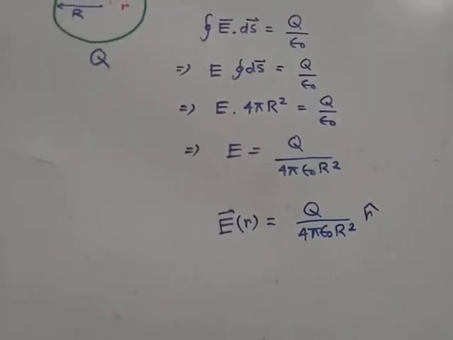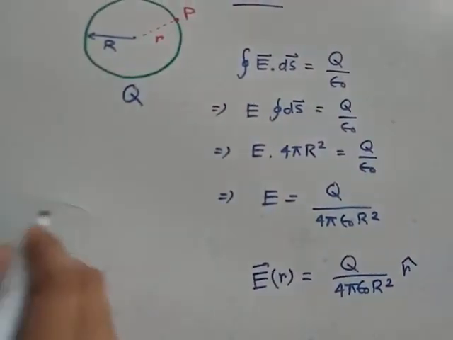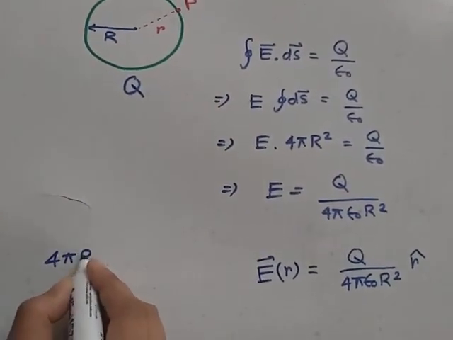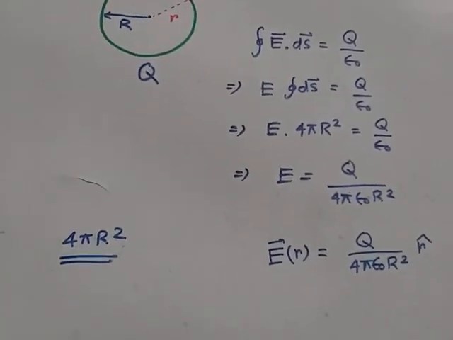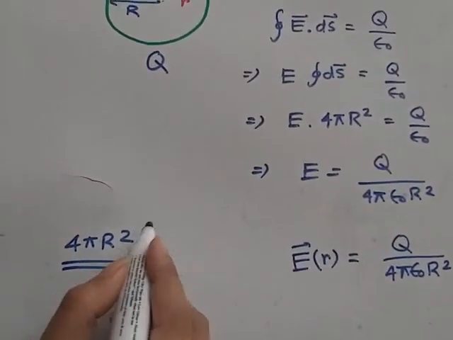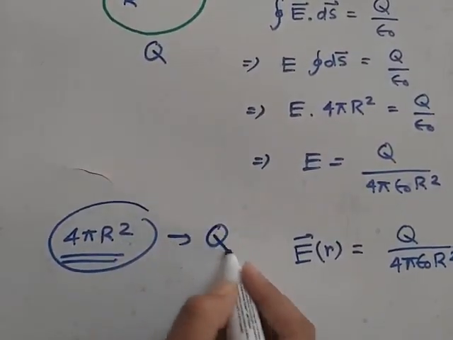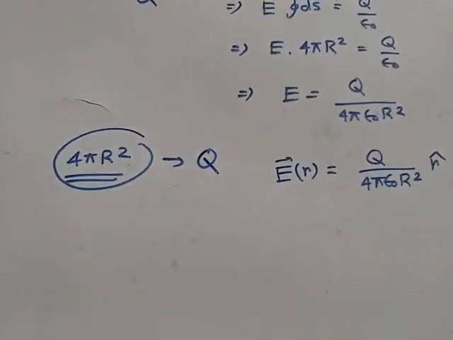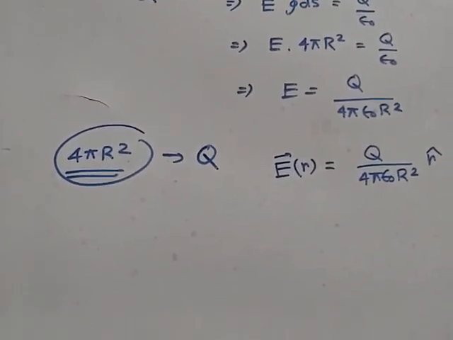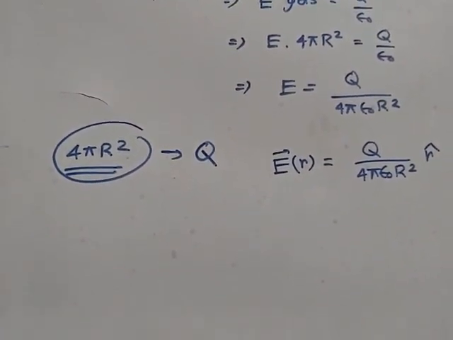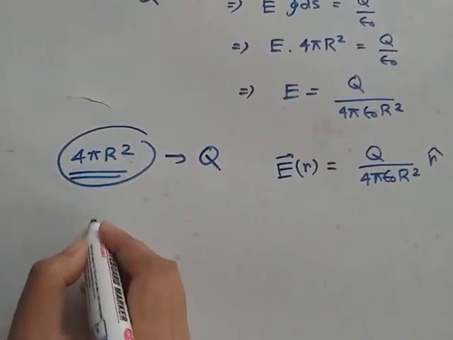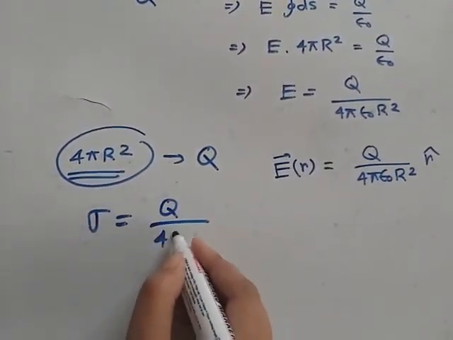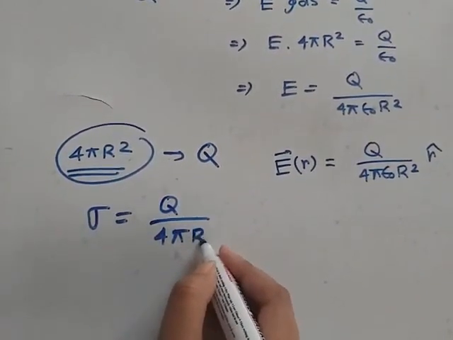Now again we know the surface area of the sphere is 4 pi capital R square. And we know the total charge enclosed by this surface is capital Q. So we can find the total charge divided by the total cross-section area, that is the charge per unit area, that is sigma is equal to Q divided by 4 pi capital R square.